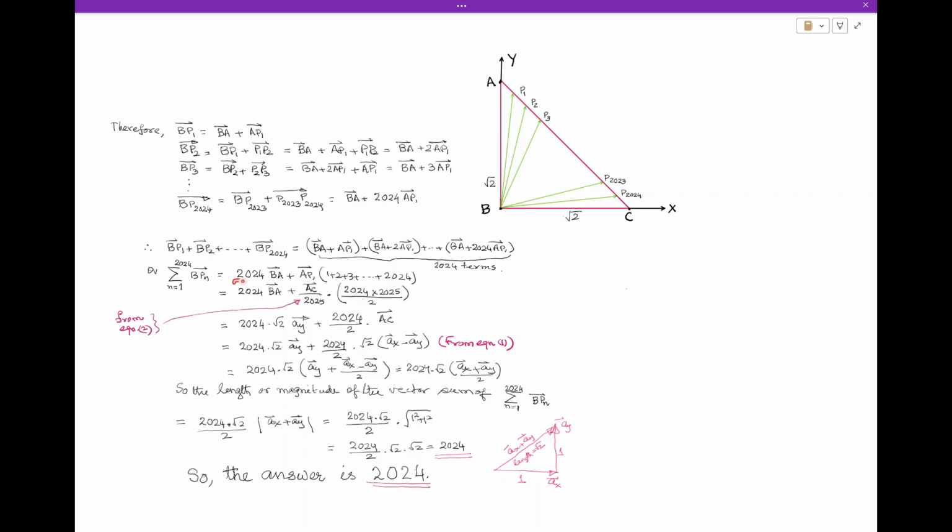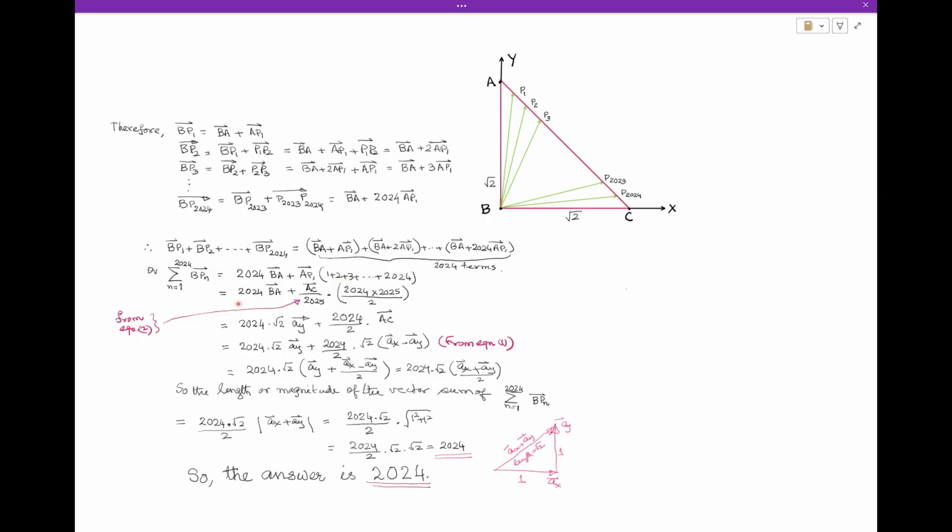Then from the remaining terms, AP1 being a common factor, we take it out to get 1 plus 2 plus 3 and so on up to 2024.